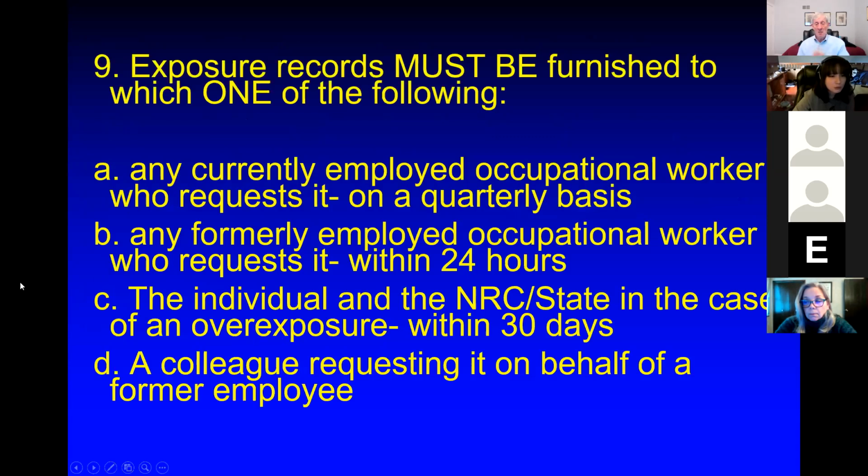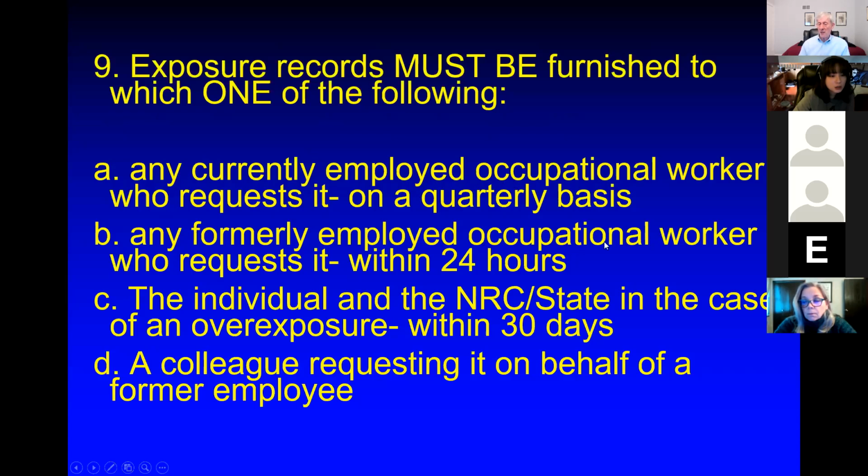Exposure record must be furnished to which one of the following. Now let's go down the list here because the timing on some of these is just wrong. Any currently employed occupational worker who requests it on a quarterly basis. Okay, that is wrong. What basis did we say? Annual. Anyone who requests it within 24 hours. That's wrong. 30 days.